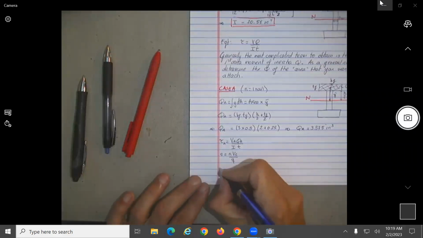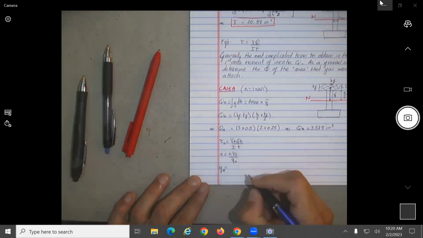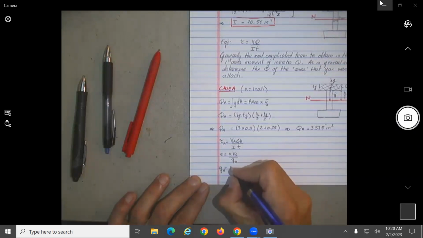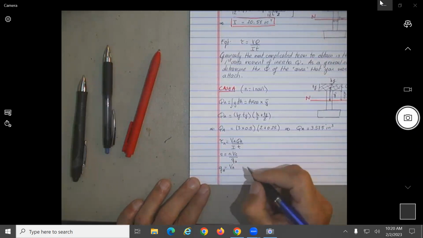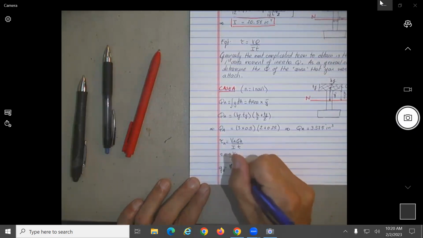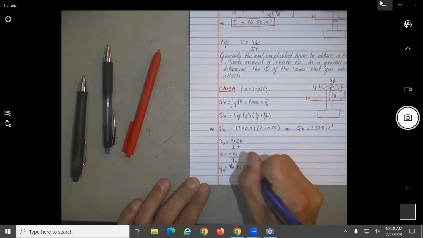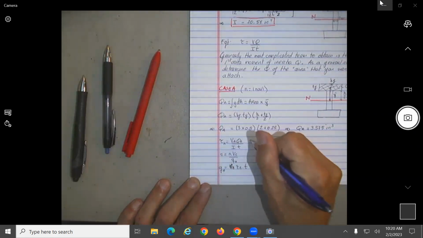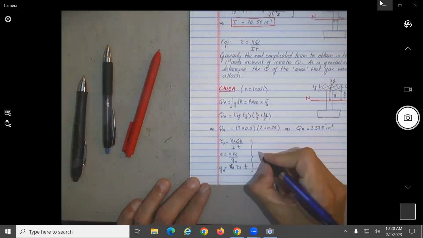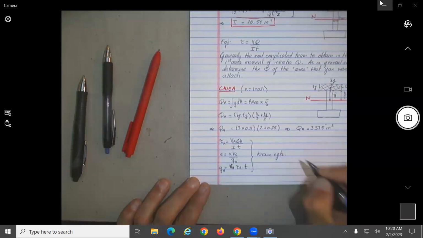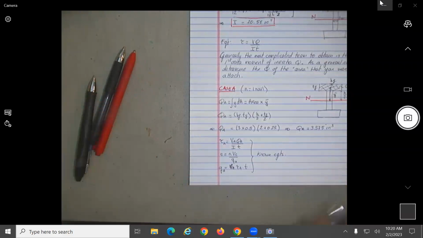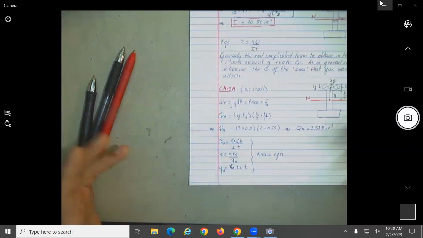And what is the other equation? Q sub A, for the first one, will be equal to tau A times T. So this is a known equation.